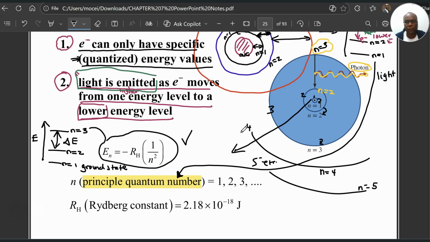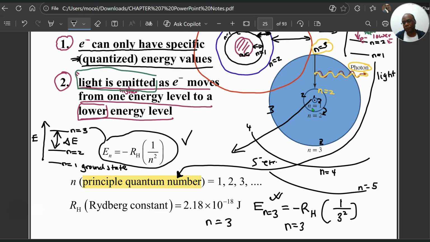Okay, so for now, talking about a specific energy level, if you're looking at energy level n equals 3, if you want to find the energy for that level, it will be negative the Rydberg constant RH multiplied by, in parentheses, 1 over 3 squared, where n equals 3. This will give you the energy value of the energy level n equals 3.